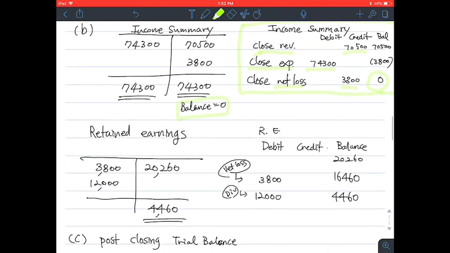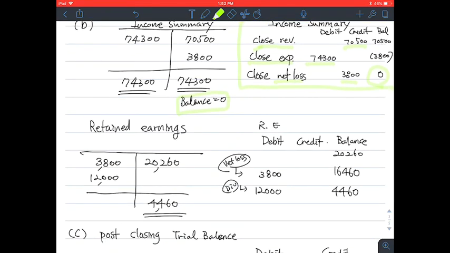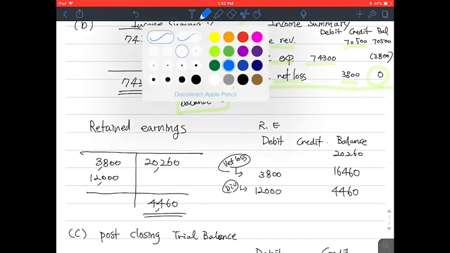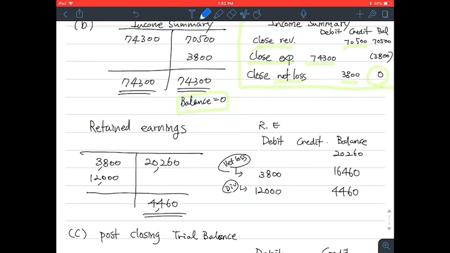And same thing with the retained earnings. If we collect all the retained earnings items, then we can see that 20,260 is from the beginning retained earnings.